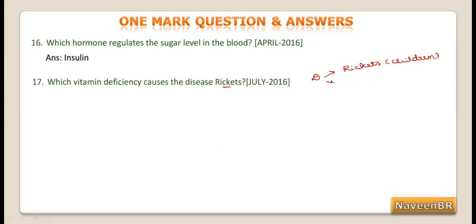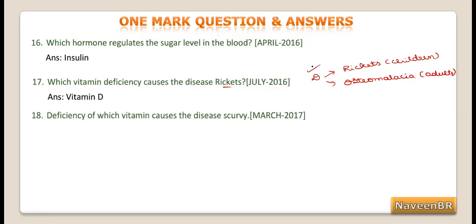Whereas if it goes to adults, vitamin D deficiency in adults causes osteomalacia. This is seen in adults. We discussed this in the regular class of vitamins. You can recall that. Now they have asked with respect to rickets, so the answer is vitamin D.